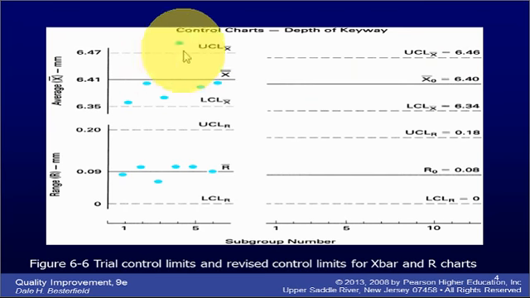So these trial control limits are designed for your current subgroups, and these revised control limits are defined for your future use. When you have more subgroups coming up, more inspections, then you are going to use these control limits.